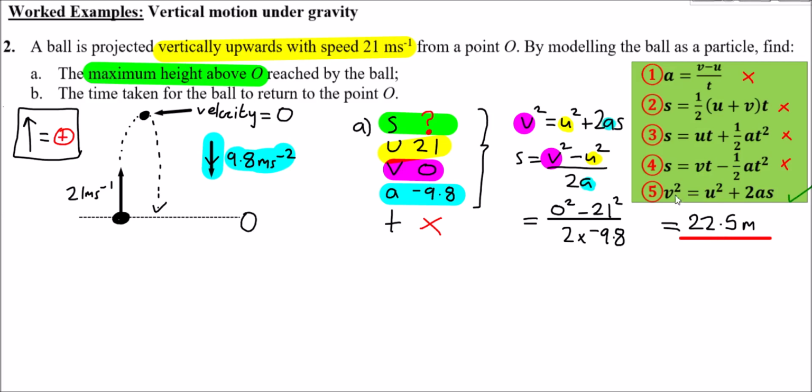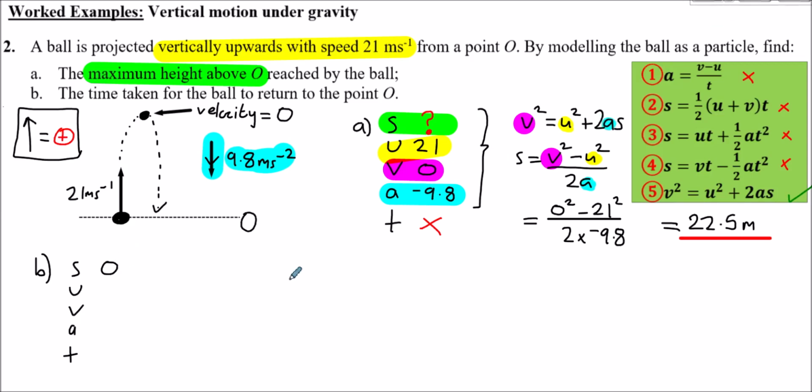Now part B, the time taken for the ball to return to point 0. So I'm going to rewrite the SUVAT formulae down, because we need here when it returns to point 0. When it returns to point 0, s is going to be 0. There's no displacement when it gets back to where it started from.